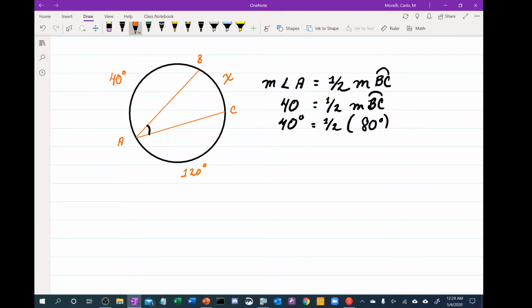Well, you have to keep some other fact in mind. That the total angular measurement all the way around the circle is 360 degrees. So you have to say all the way around the circle equals 360 degrees.